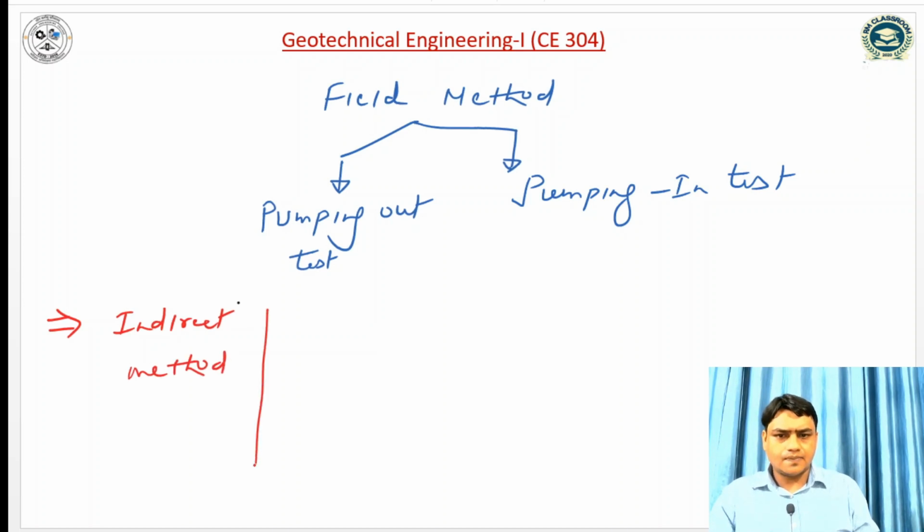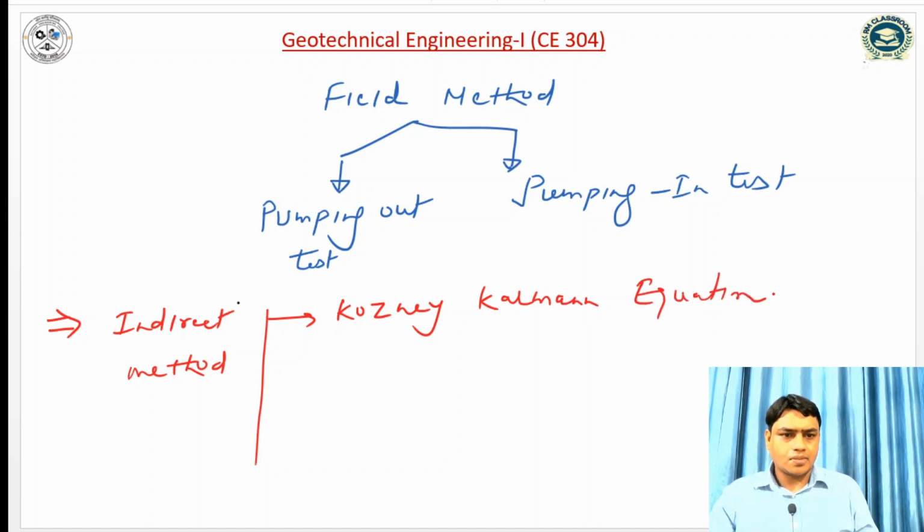In this we can indirectly compute the coefficient of permeability by the Kozeny-Carman equation. The second one is Loudon's equation.